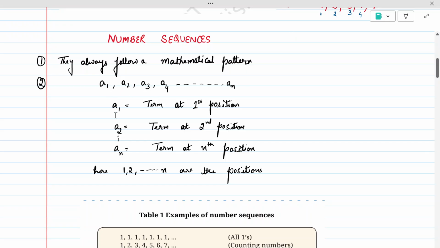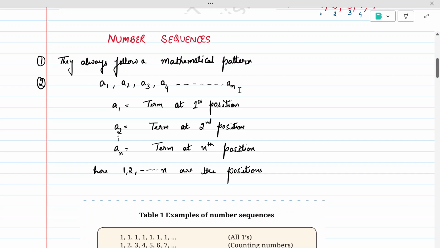So we can say that A1 is the term at the first position, A2 is the term at the second position, A3 is the term at the third position, A4 is the term at the fourth position, and so on.